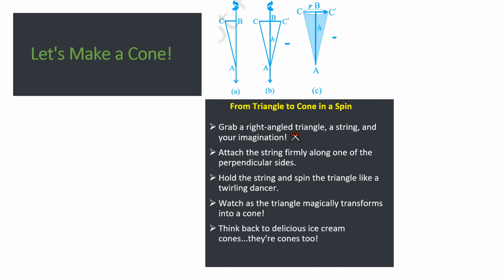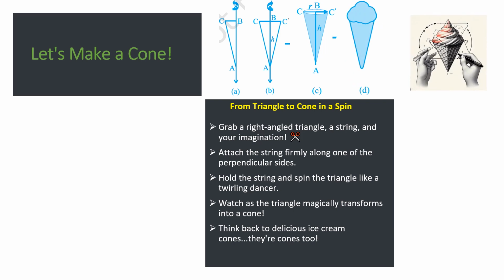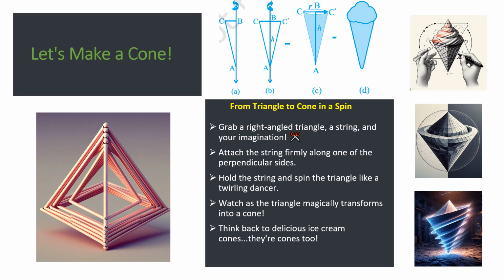Now think back to delicious ice cream cones. They are cones too, right? I have placed a couple more images to help you visualize how we were able to derive the cone from a triangular shape.